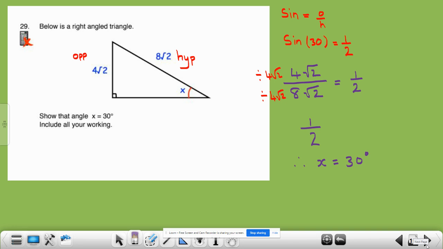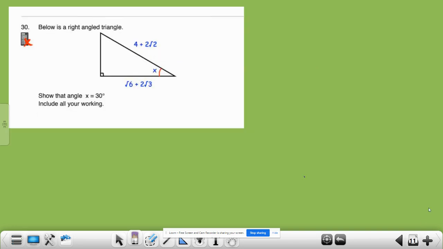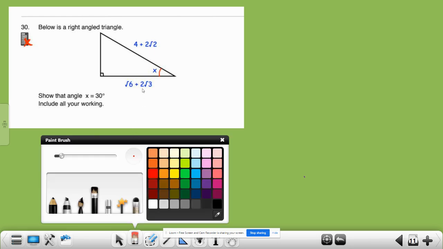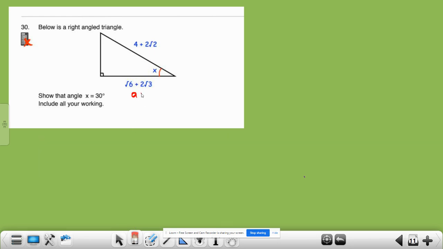Let's move on to the next question, number 30. Below is a right angled triangle. Show that angle X equals 30 degrees. Include all your working. Again, let's mark it up. This time we have the side adjacent to the angle, and again we have the hypotenuse.